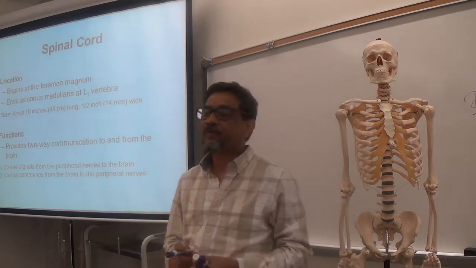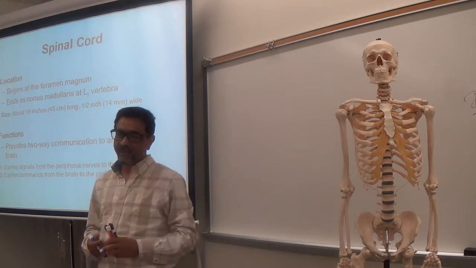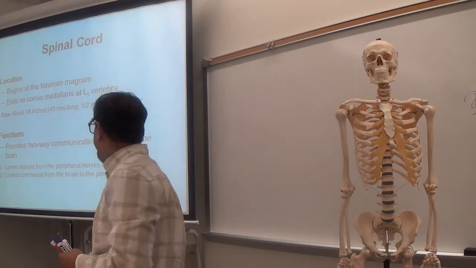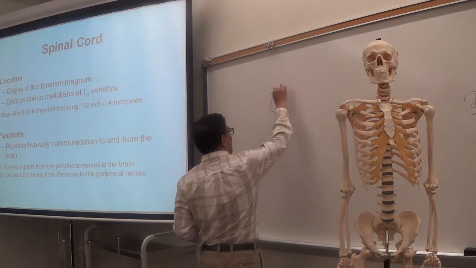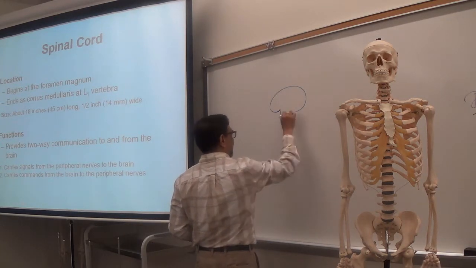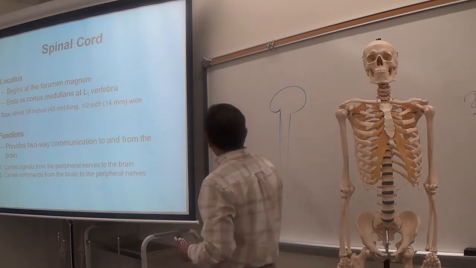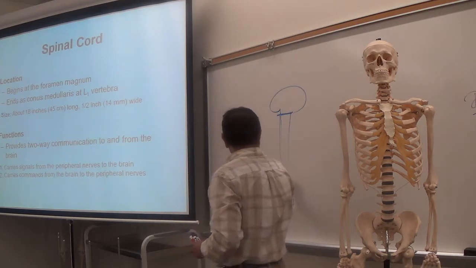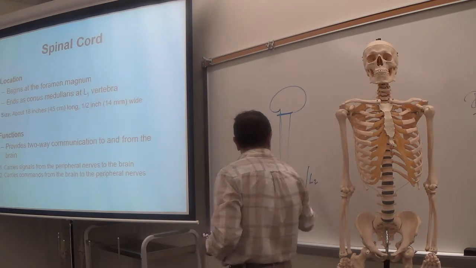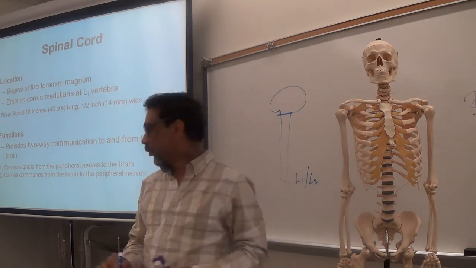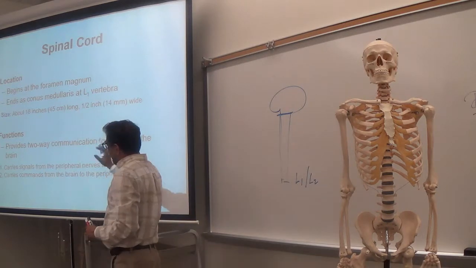That means 45 centimeters, and the width is half inch or about 14 millimeters. So this is the brain and the spinal cord. Okay. This is foramen magnum here, and this is L1 or lumbar 2, the lower end.